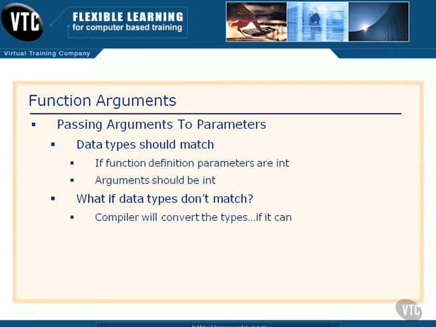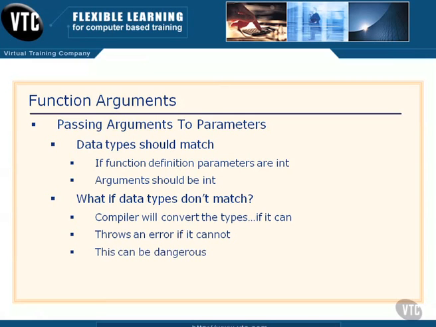So the compiler will change the types. It'll convert the data types if it can. All right. It'll throw an error if it figures that it's too far apart, if it figures out that, hey, wait a minute, I really can't convert these two types without causing some serious problems here.